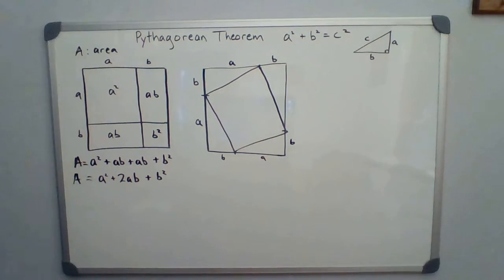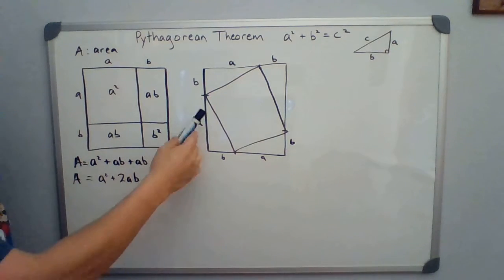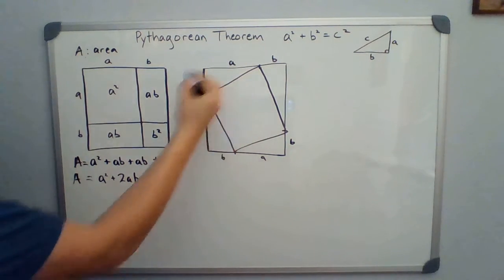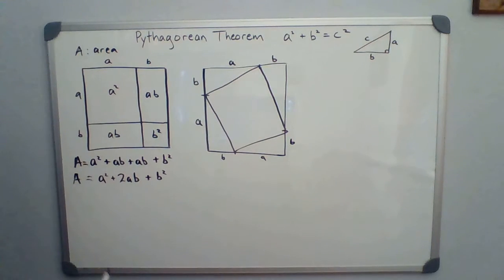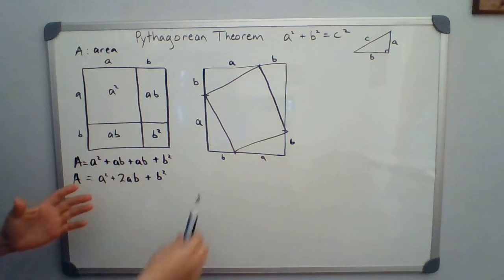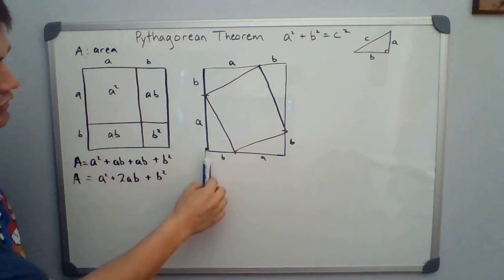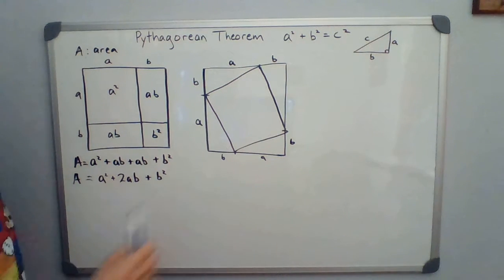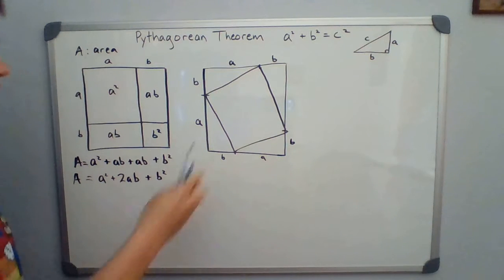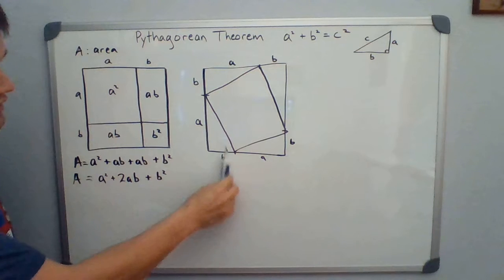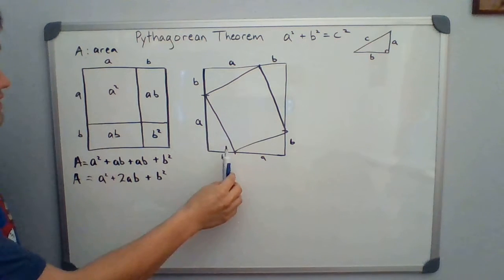If you wanted a full proof, you'd have to prove, for instance, that this is a square on the inside of this larger square. That can be proved by knowing that the three angles of a right triangle, or any triangle, add up to 180 degrees. And since this is a right triangle, these two have to add up to 90 degrees.